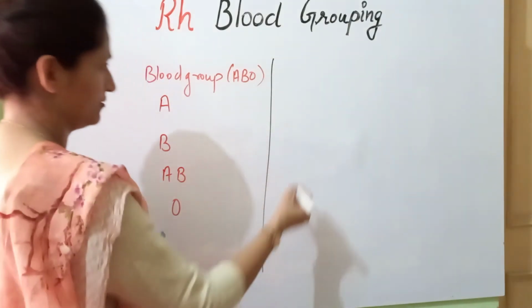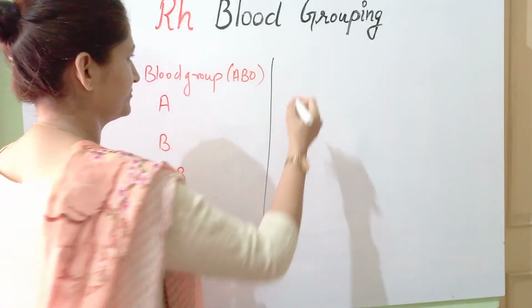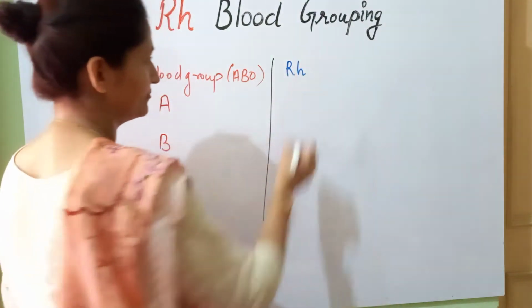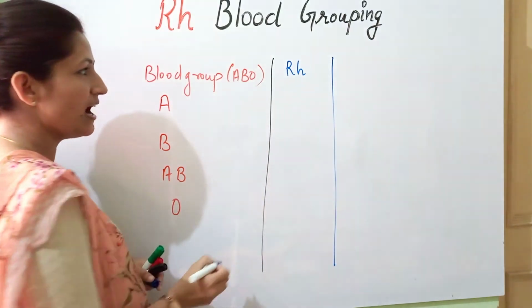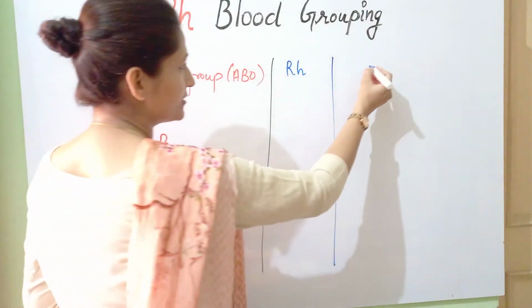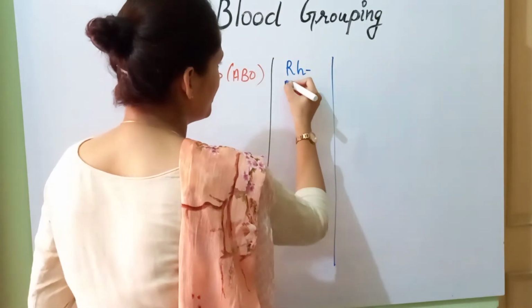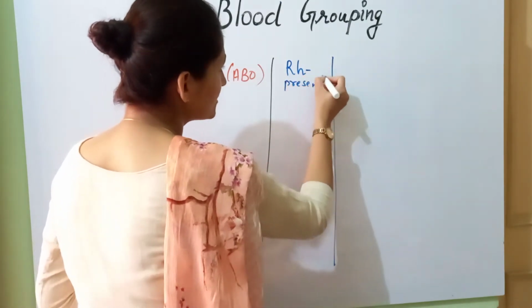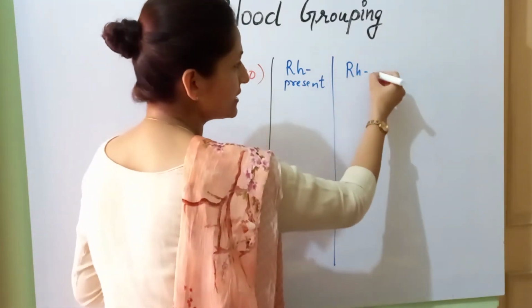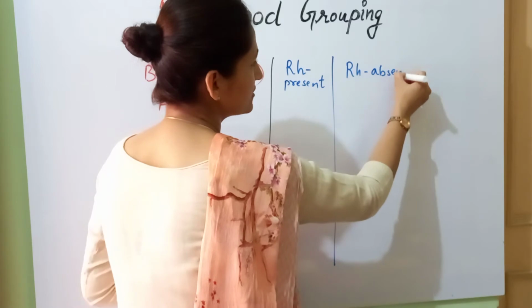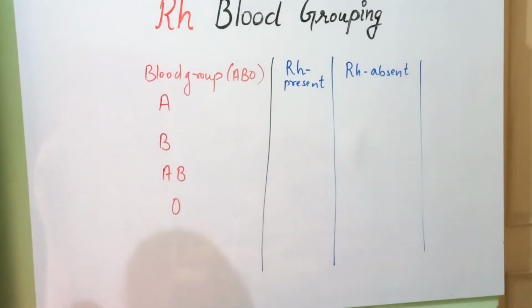Now, of this Rh, if this Rh antigen is present or it is absent. So in this case, what will we be getting?